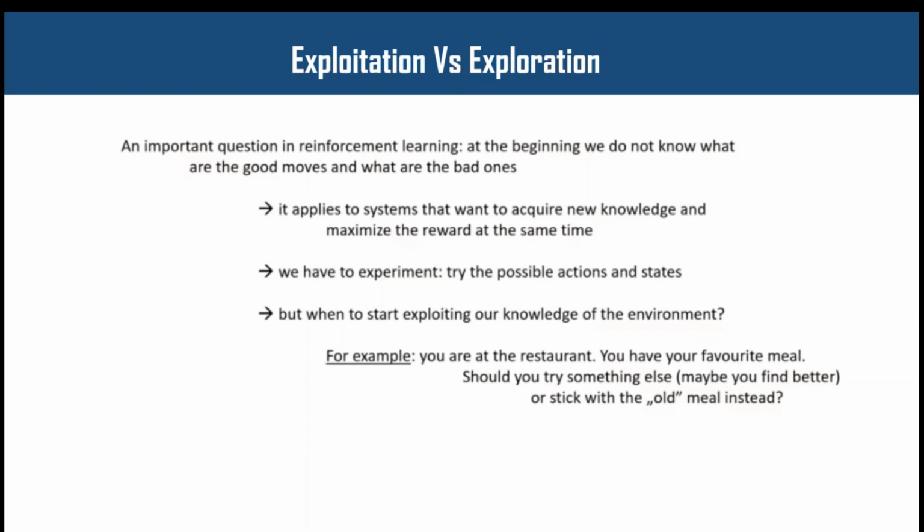Here the agent learns by moving from one place to another place, one state to another state, and then the values will be updated. Once the values are updated, the agent knows which way it has to go. For example, you are at a restaurant. You know that restaurant very well, and you have a favorite meal.